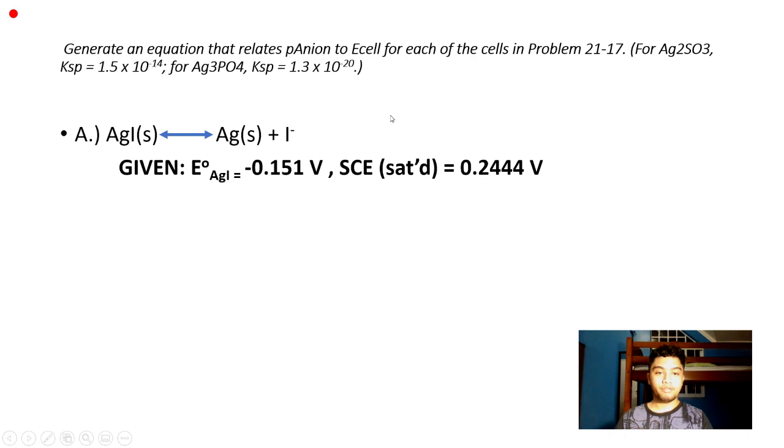First we find the given. The standard electrode potential of silver iodide is negative 0.151 volts. We got this from the previous table that I have shown you. Then the given SCE, saturated, equals 0.2444 volts.